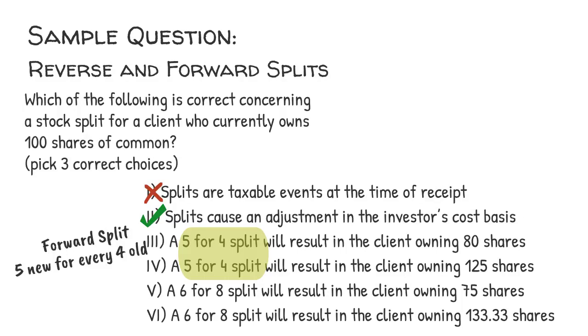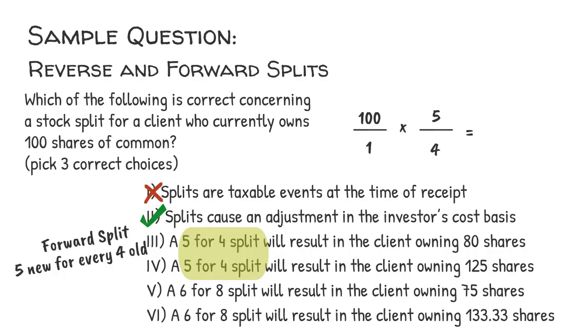A client has 100 shares of common. So that's 100 shares, really 100 over 1. Whenever you look at a split, the first number goes in the top, that's the 5. The second number goes in the bottom, that's the 4. So it's really 100 over 1 times 5 over 4.